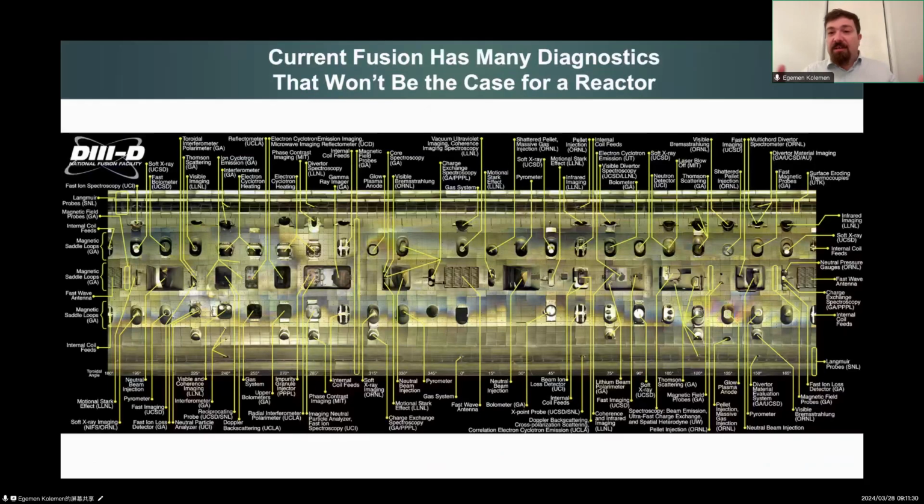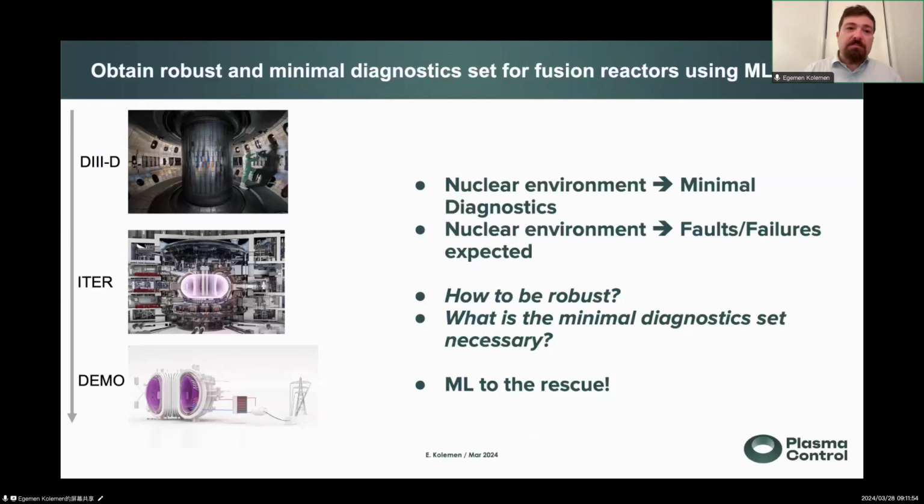For the eye, we're lucky in the current fusion reactors, we have huge amounts of diagnostics. There's probably about 100 diagnostics here, like motional Stark effect, pyrometer, there's a bunch of these. But in future reactors, we're not going to have as many because we want to keep the cost down and there are neutrons flying around, so you're not going to be able to run this many. So how do we obtain robust and minimal diagnostics for a fusion reactor?